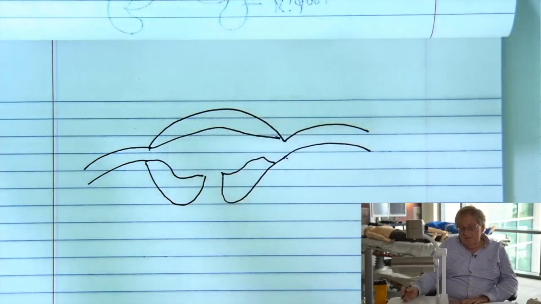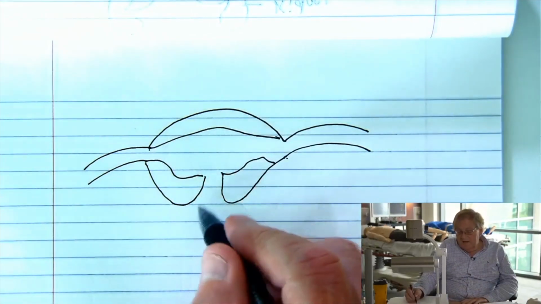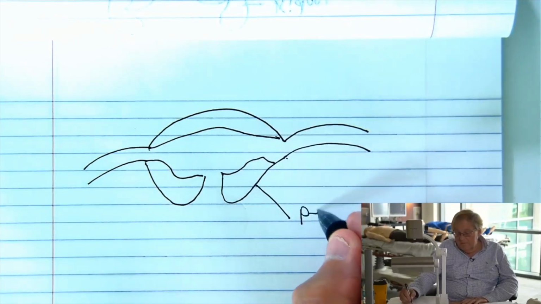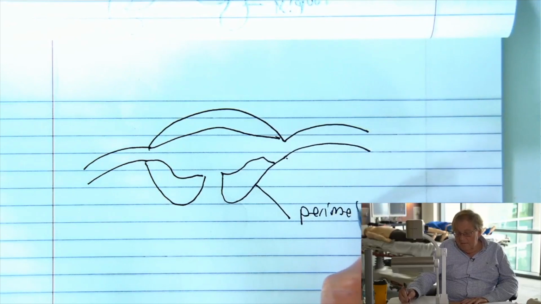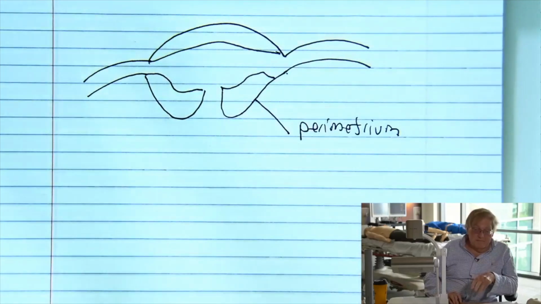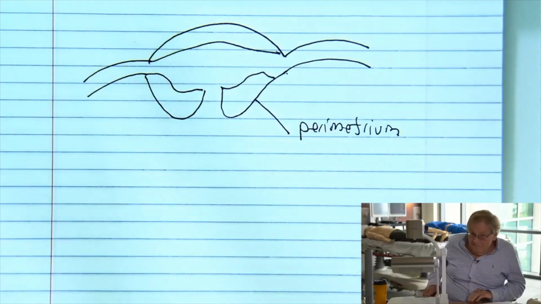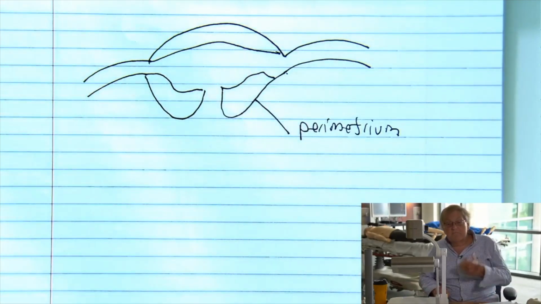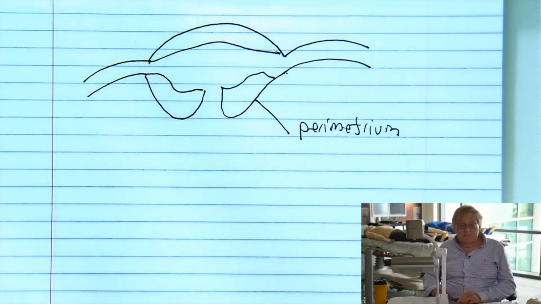So when I'm looking at a uterus, I know that this outer layer is called the parametrium. Remember I said when we talked about muscle, there's something called the perimysium. Remember the perimysium was around muscle bundles or fascicles. The parametrium is the connective tissue covering of the uterus.